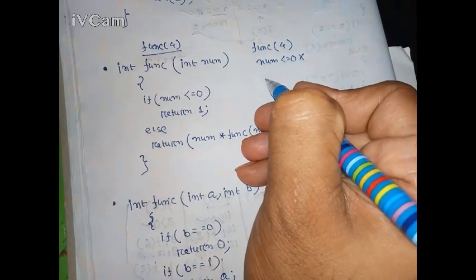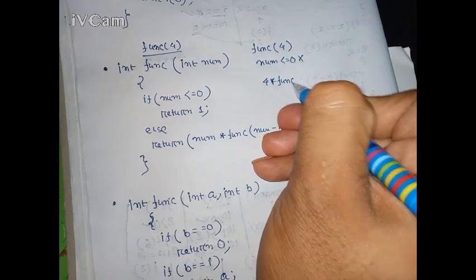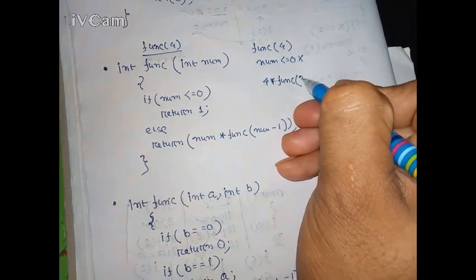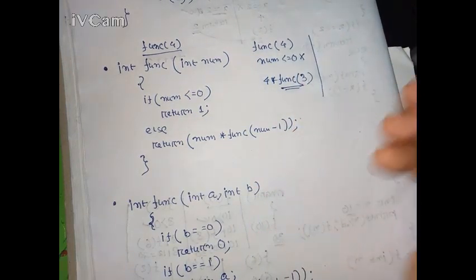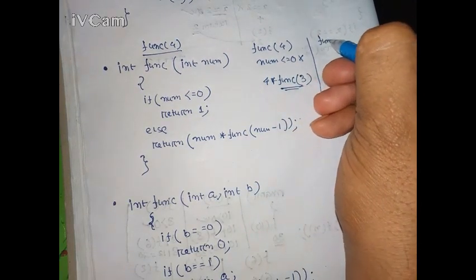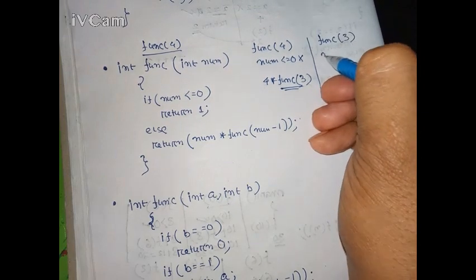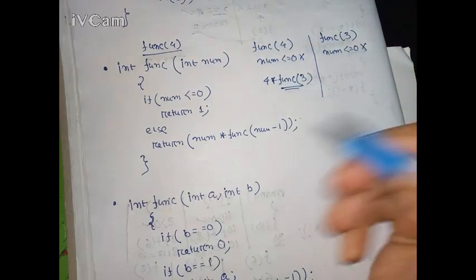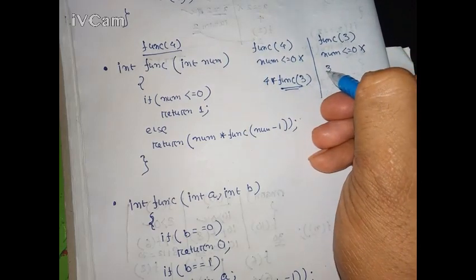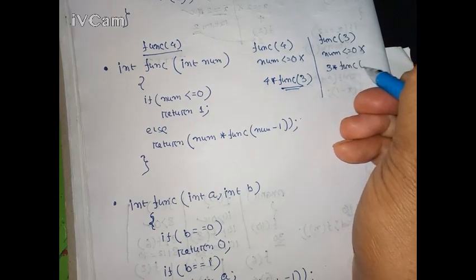In the else part it will return 4 into func 4 minus 1, that is 3. We don't know the value of func 3. So it will call the func 3 function again, itself. Func, so it will check num less than or equal to 0 again. No. So it will come to the else part and it will return 3 into func 2.